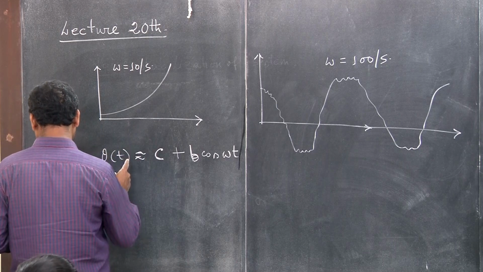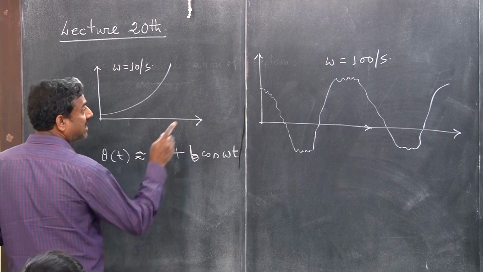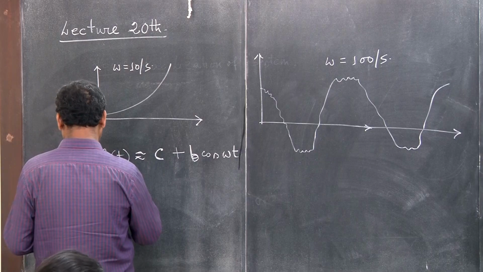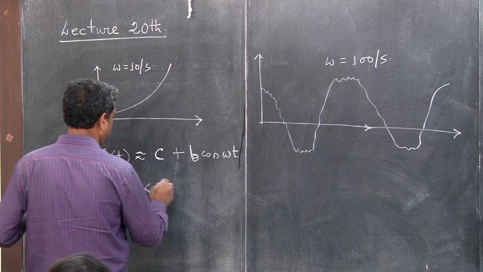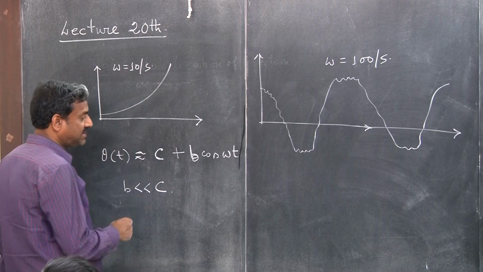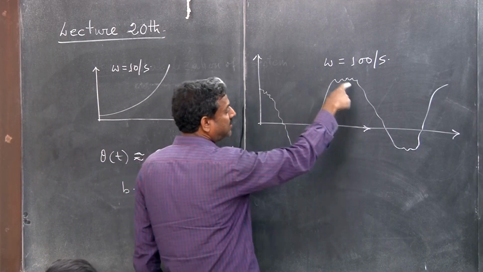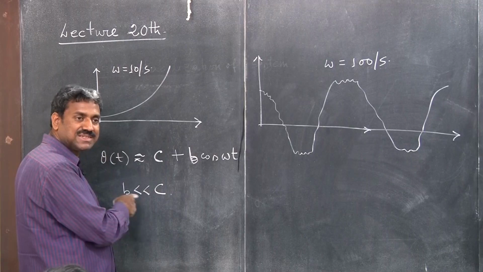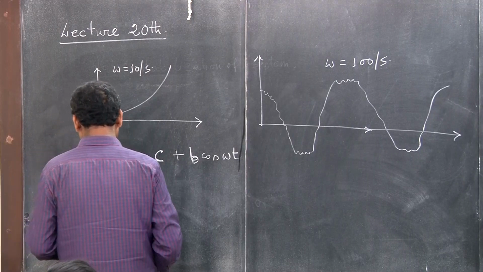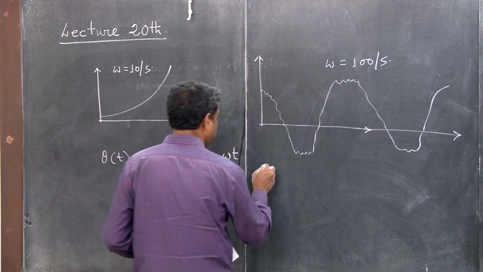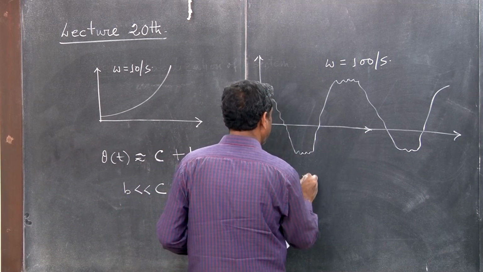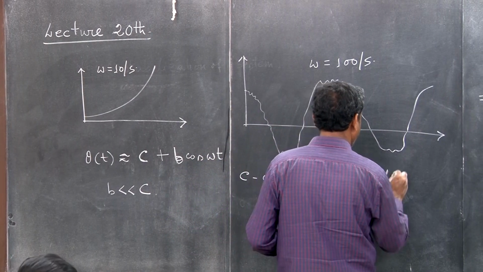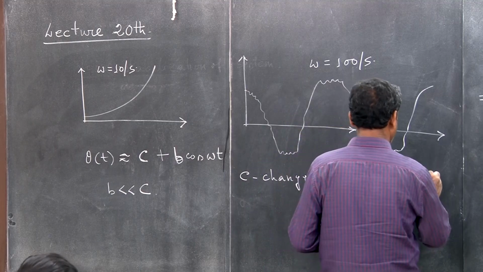Then we can say that b is much smaller than c. That is very simple, because c is the slow oscillation and b is riding on it, so b much smaller than c is justified. Another thing: c changes in a time scale of 1 by omega.